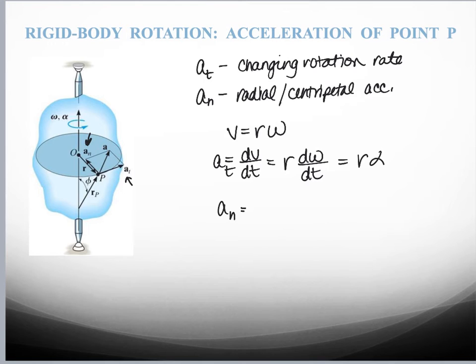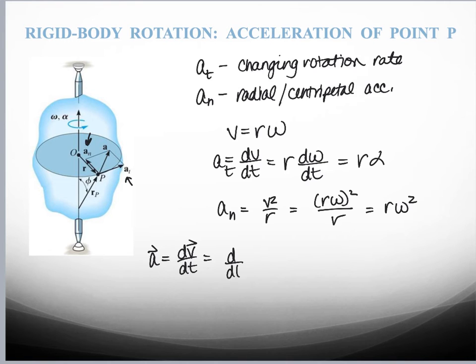Our normal component of acceleration, the radial, is v squared over r. If we substitute in r omega, we're going to get r omega squared is our normal acceleration. Now, that's the magnitudes again, but because we're more fancy, we can also take the derivative of the velocity vector with respect to time, which means we're taking the derivative of omega cross r.